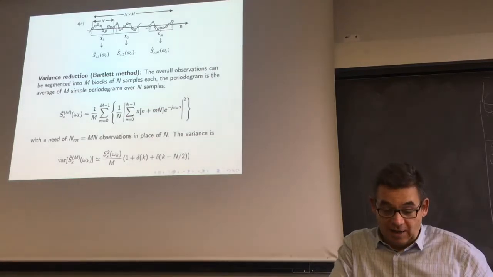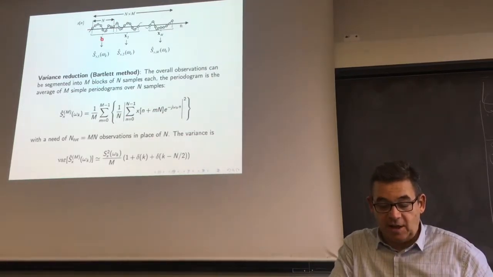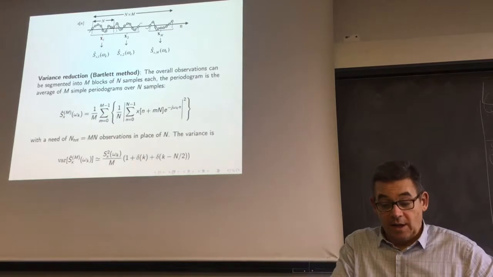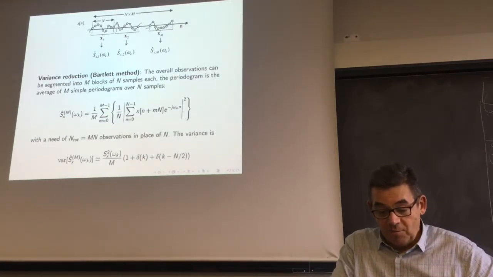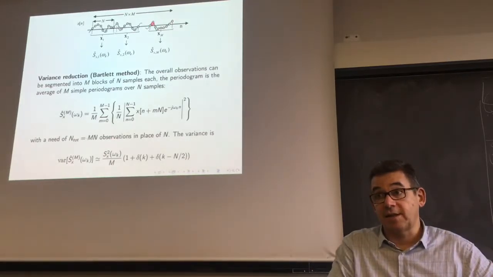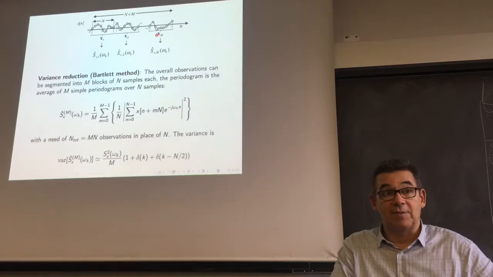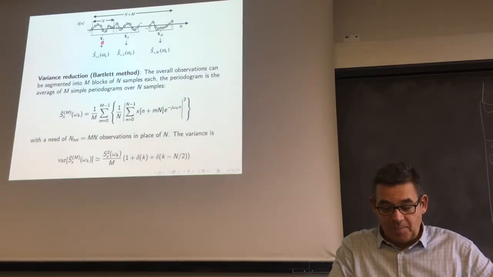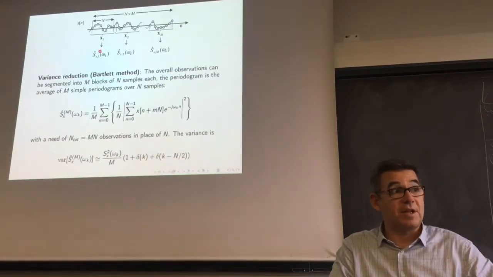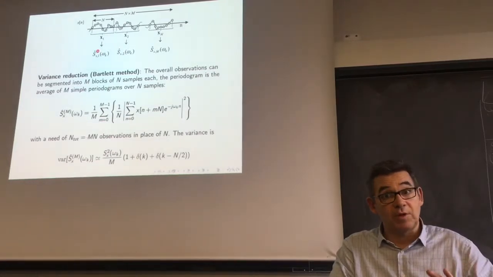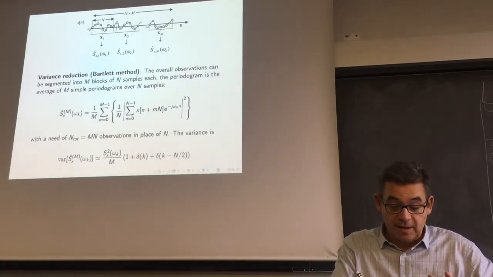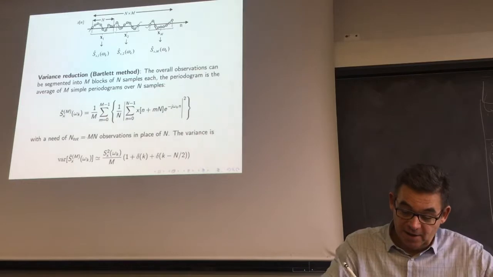Okay? So I have these subsets, which I indicate as x1. I have a second subset that I indicate as x2, and so on until I have the capital M subset that I indicate as x capital M. I calculate a periodogram for each of the subsets following the rule that we already established. And then, how do I make it?